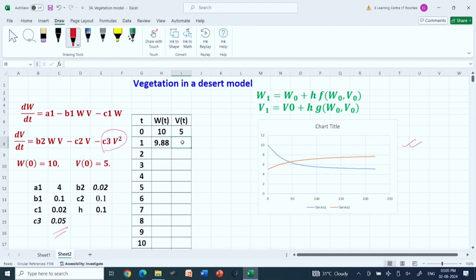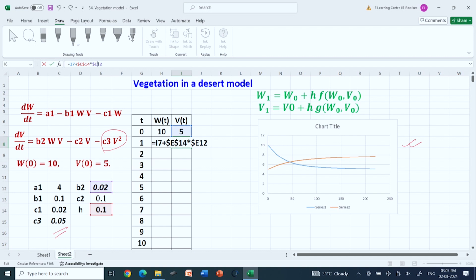And for the vegetation, this is equal to the initial value plus h, which is a constant, multiplied by b2, again a constant.